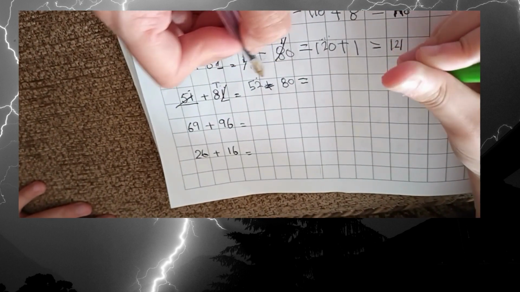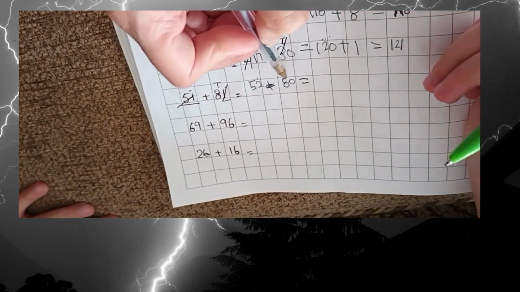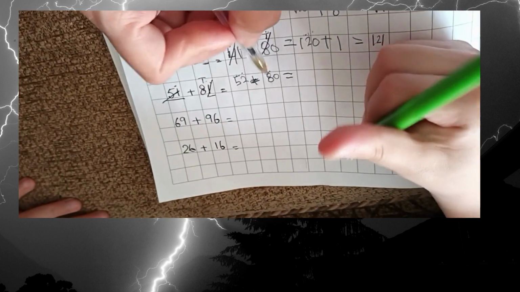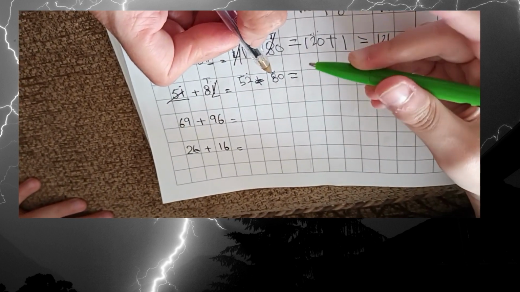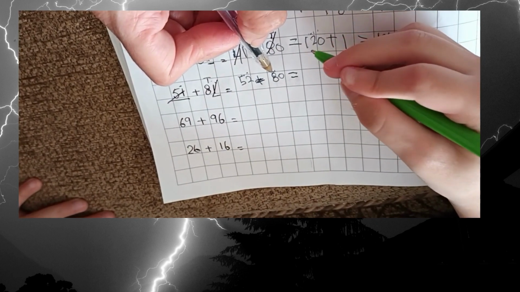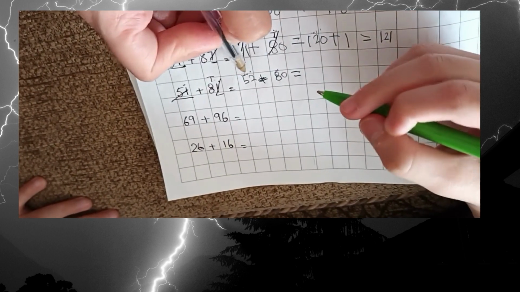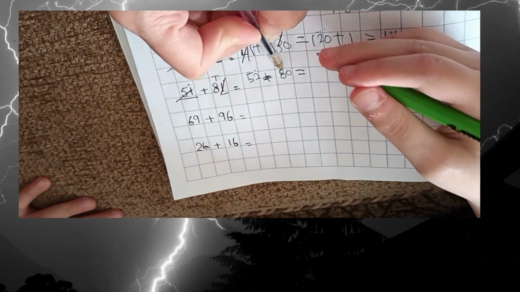Okay, now solve it. We have 5 tens here and 8 tens here. So 5 add 8 is 13. But what do we have here? 50 add 80.